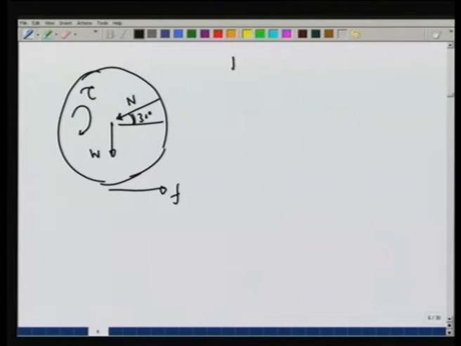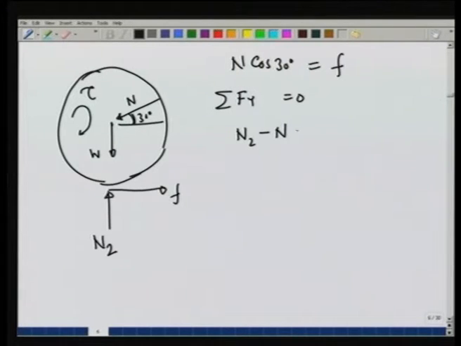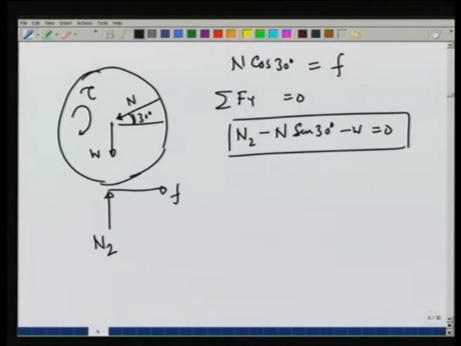So, we found that N cosine of 30 degrees is equal to F. Summation F y is equal to 0 would give me, if there is a normal reaction N 2 here, N 2 minus N sine 30 degrees minus W is equal to 0. That is the other condition. And the third condition for the torque is summation tau about z is equal to 0.